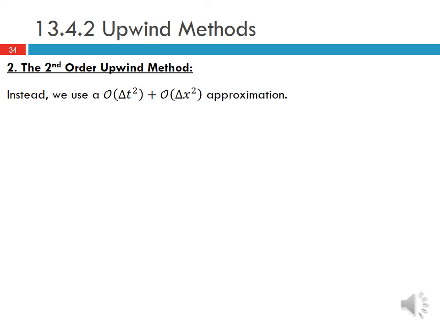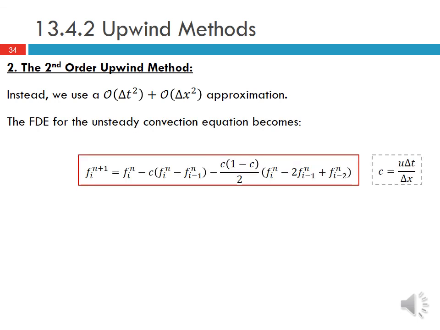Instead, if we use a method that is order delta t squared plus delta x squared, then we can achieve a stable method. So the finite difference equation in this case for the unsteady convection becomes the result shown here, where again C is equal to U delta T by delta X. And this is conditionally stable with the stability criterion that C has to be less than 2.